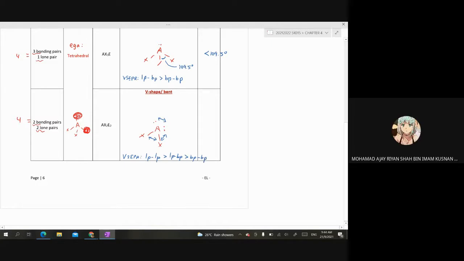Madam, yes. When we want to replace the lone pair, dia mesti sebelah-sebelah ke macam mana? Dia mesti ikut VSEPR sejauh yang mungkin. Sebab lone pair sebenarnya dia punya repulsion yang adalah paling kuat. Okay, so we have to replace it the furthest as you can.